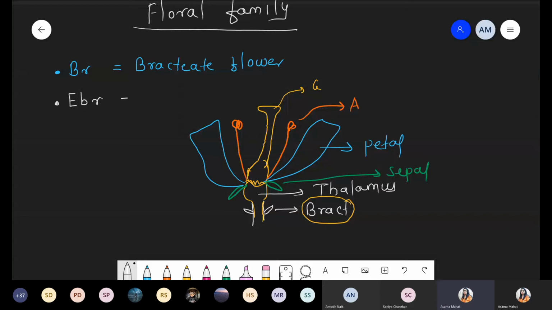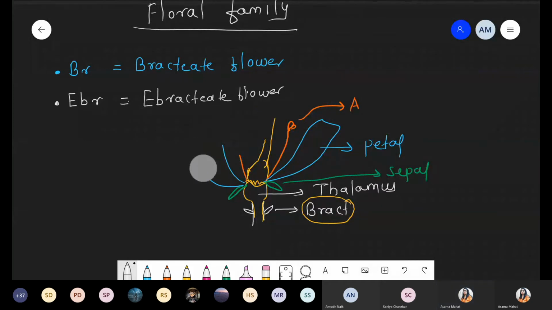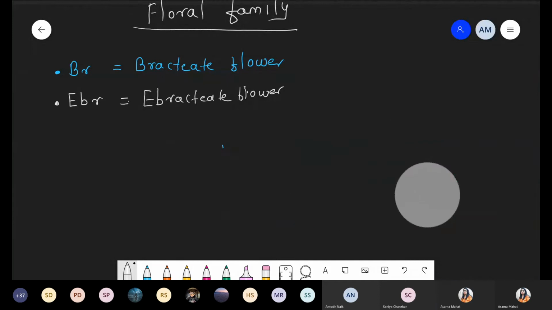If symbol is EBR, it means ebracteate flower, bract is absent. Sorry, bract is absent. I'll just erase this part. So ebracteate means bract absent, without bract.